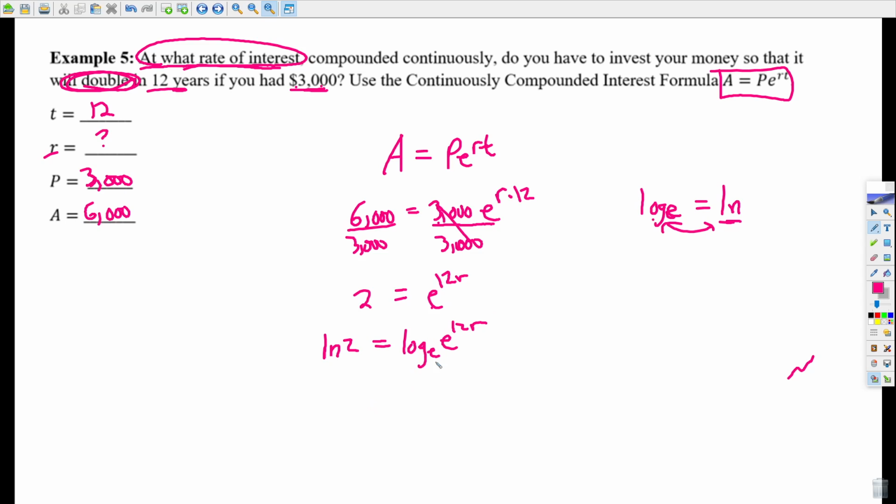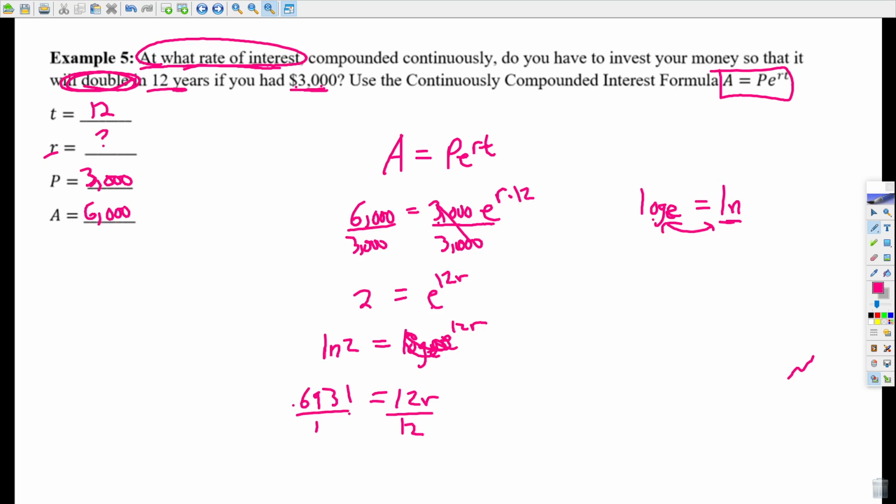It might be easier to see how it matches like it always does and how this goes away. So we get 12r equals ln of 2, which is 0.6931. Now you're almost done, but not 100%. We need to divide both sides by 12 to finish it off.